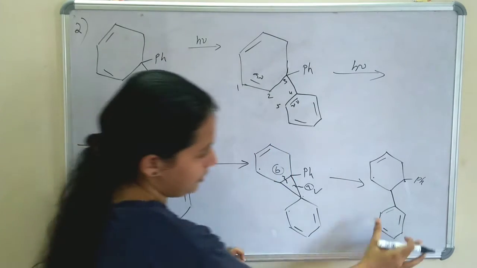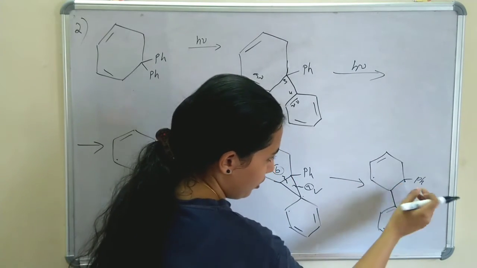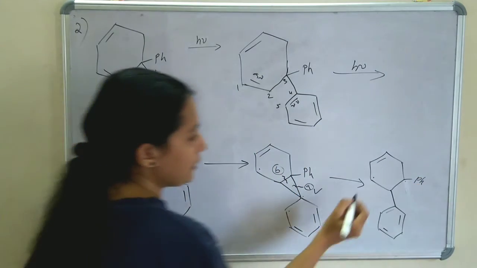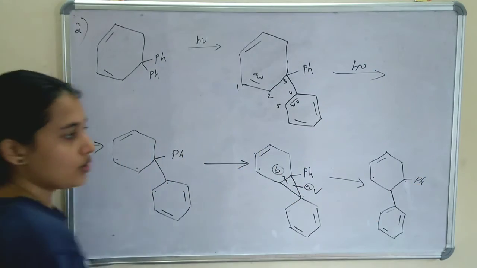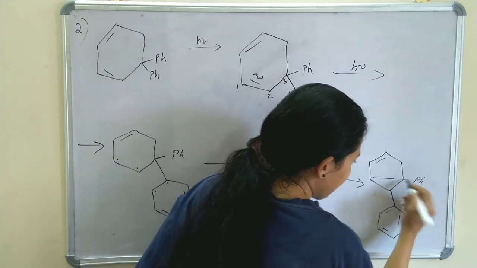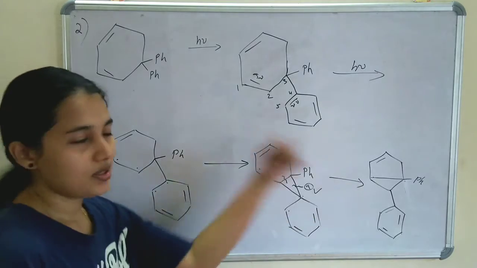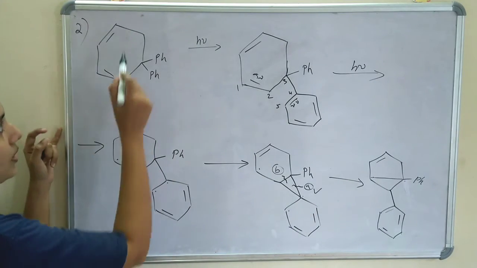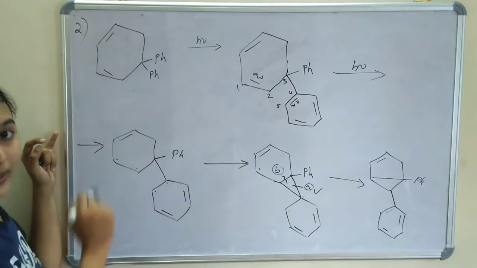Here a radical is present and here also a radical is present. So what will be the product? This will make a bond. Another cyclopropane ring is formed. So this is the product from this 1,4-diene.